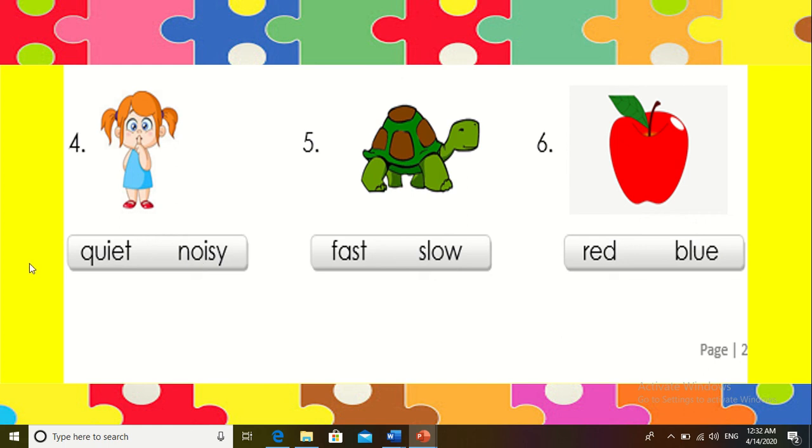Again, quiet or noisy? Number 5, the turtle. How do you describe a turtle? Fast or slow? And number 6, look at this apple. How do you describe an apple? Red or blue? Is it red or blue?